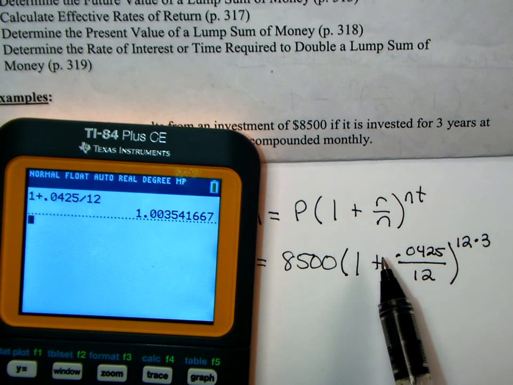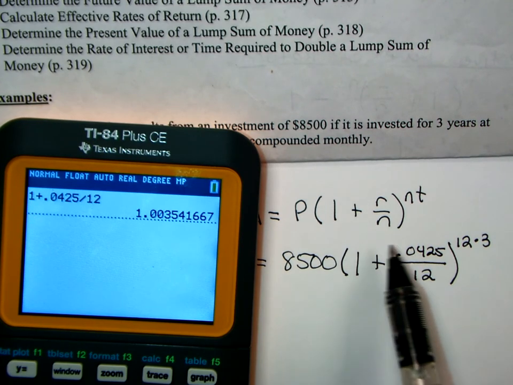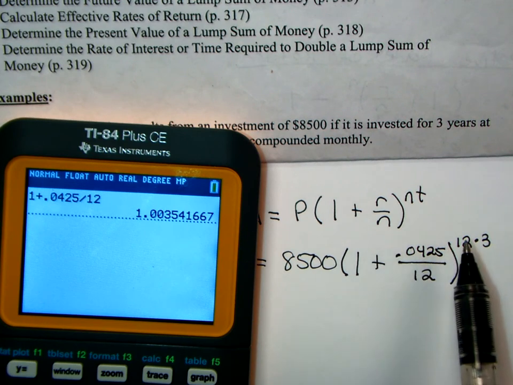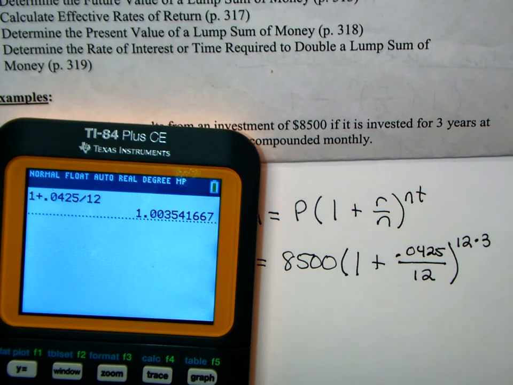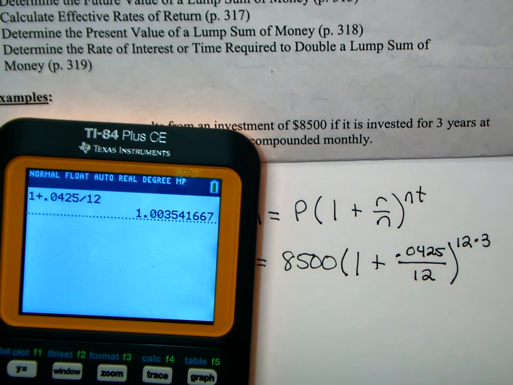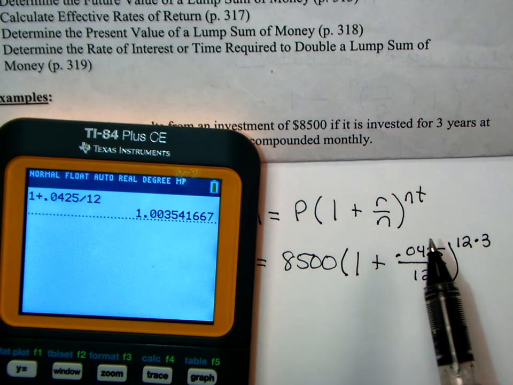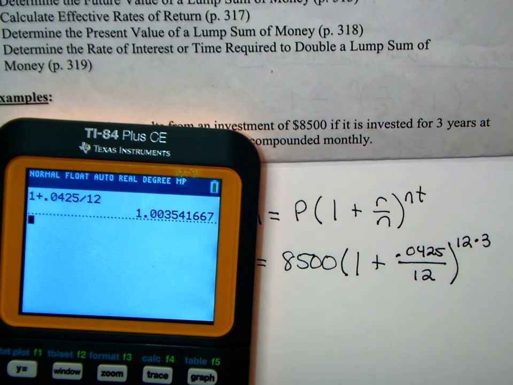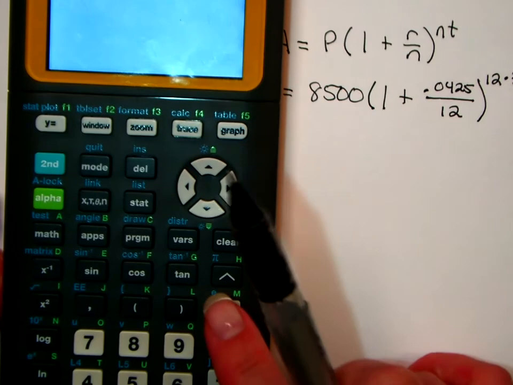In order of operations, we do parentheses first, and after parentheses come exponents. So I need to do the exponent before I multiply times 8,500. This decimal is inside the parentheses, and I need to raise that to the 36th power. So go ahead and click your caret, that raises to a power.